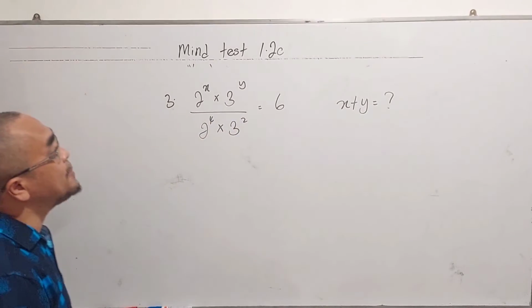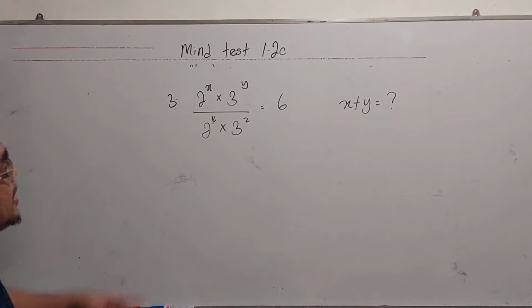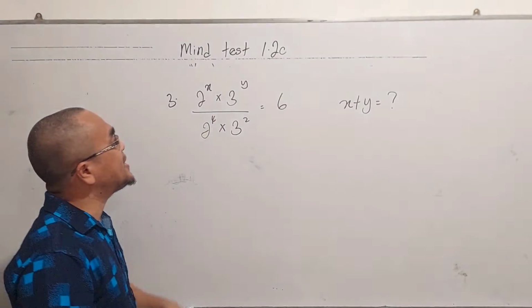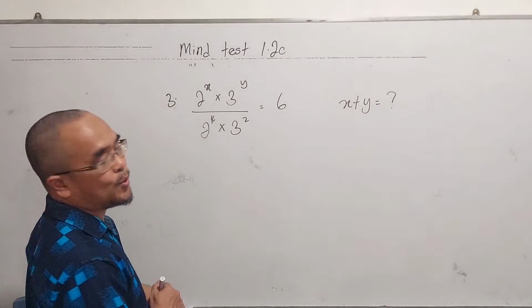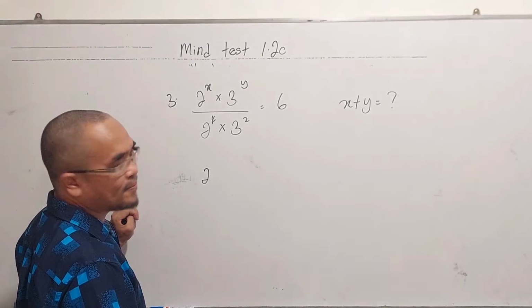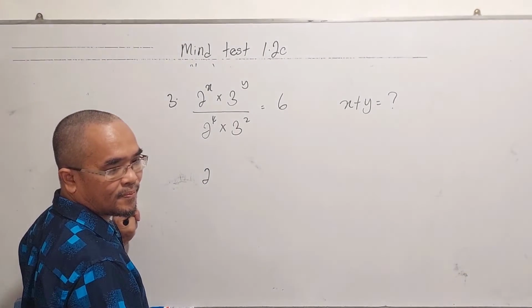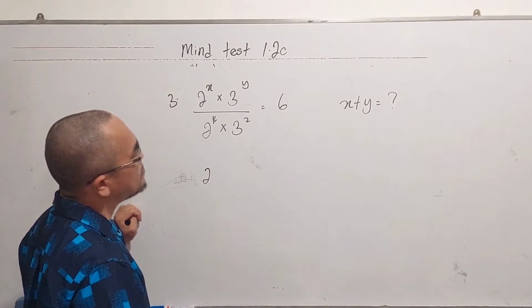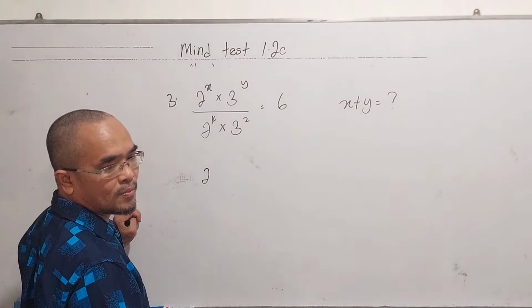Okay, first you have to simplify. Base 2 with base 2, base 3 with base 3. What can you do here? 2 to the power of 4 times 3... No, times 3 to the power of 2.